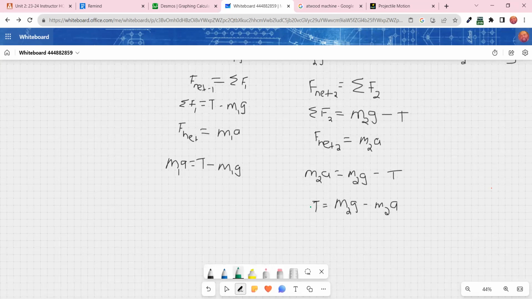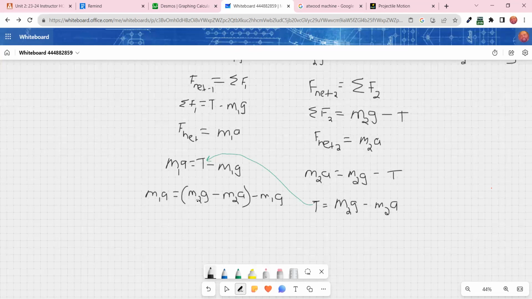What can I do? I can take this guy, plug her in right here. Which means I have m1a is equal to, parentheses, m2g minus m2a, close parentheses, minus m1g. Okay. What can I do from here?